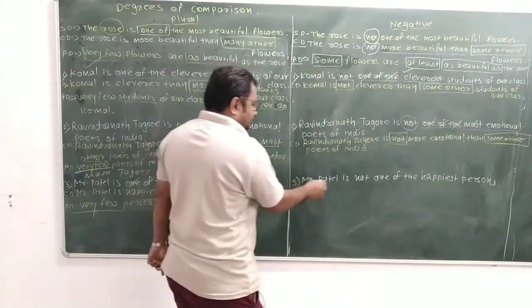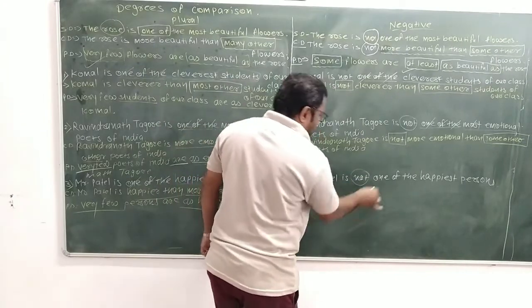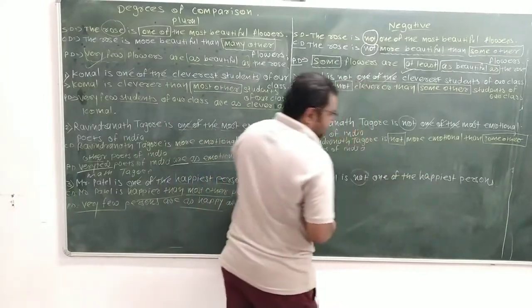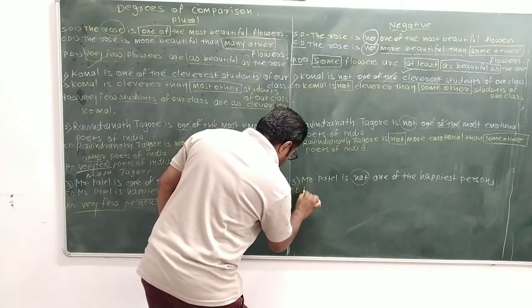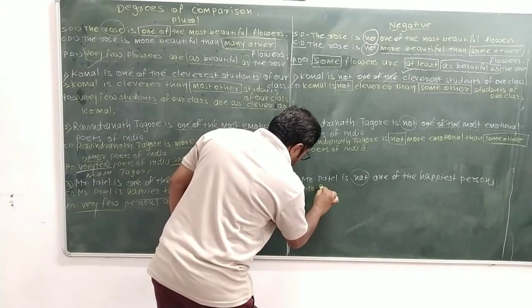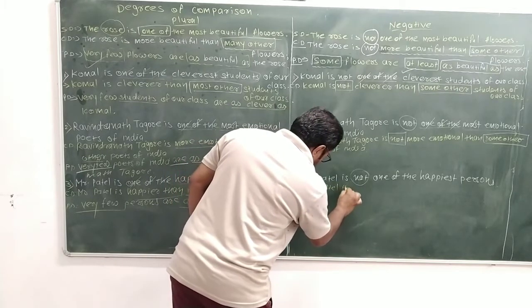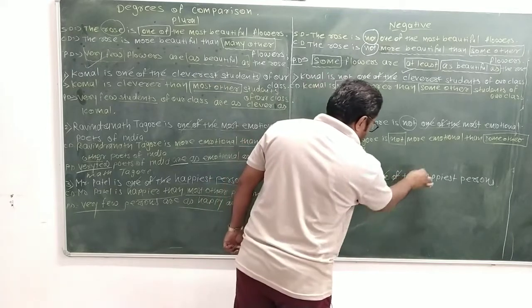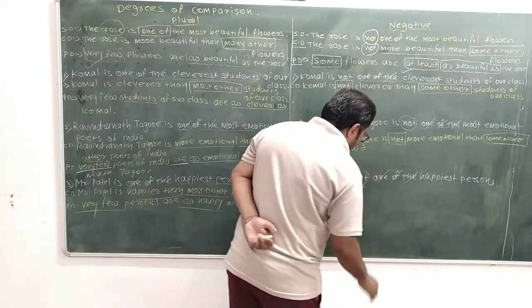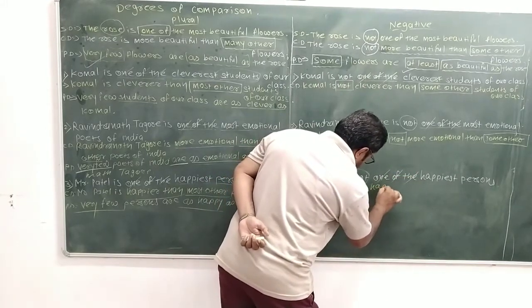Next, Mr. Patel is not one of the happiest persons. So let's make the comparative degree. Mr. Patel is not, remove "one of the" happiest. So happier.